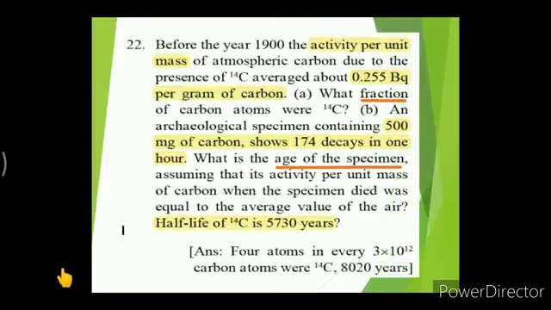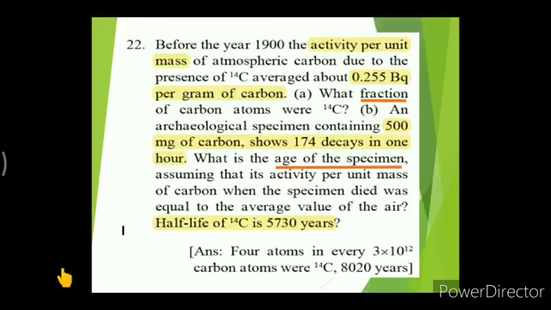Now the next unsolved numerical we have from the textbook, question number 22. Before the year 1900, the activity per unit mass of atmospheric carbon due to the presence of carbon-14 averaged about 0.255 becquerel per gram of carbon.